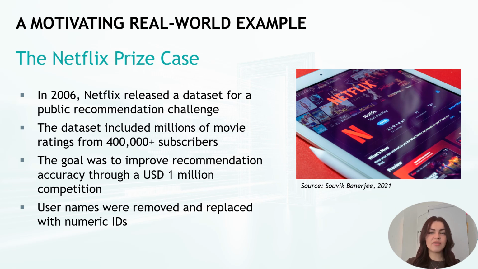The challenge offered a prize of $1 million for an algorithm that could significantly improve recommendation accuracy. To protect its users, Netflix removed names and replaced them with numeric IDs so that the individual rating histories could still be analyzed without directly showing identity. At first glance, this may have looked like anonymous data, but the story did not end there.